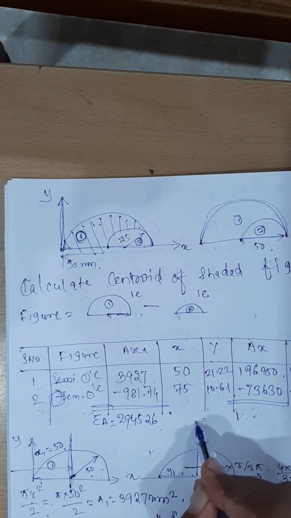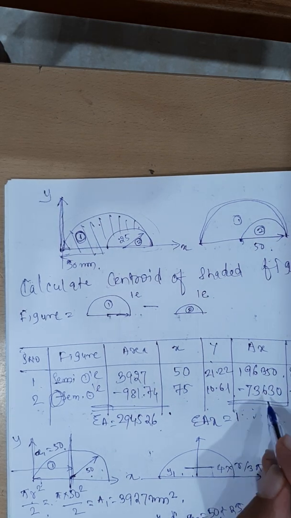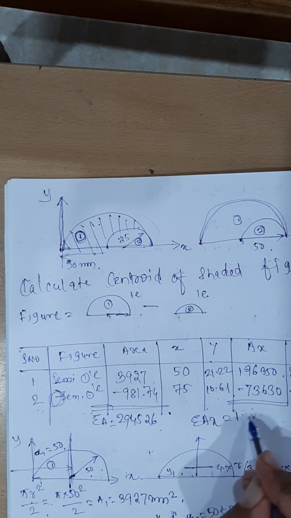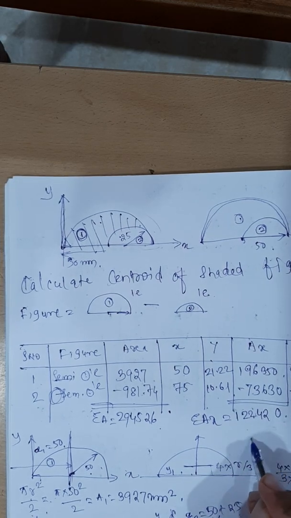This we are calling summation of ax, which is equal to 122420.